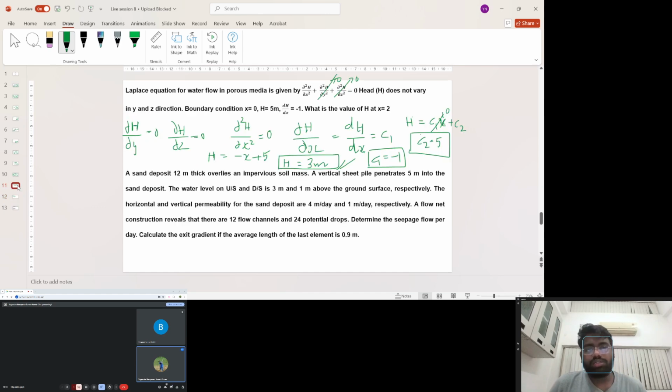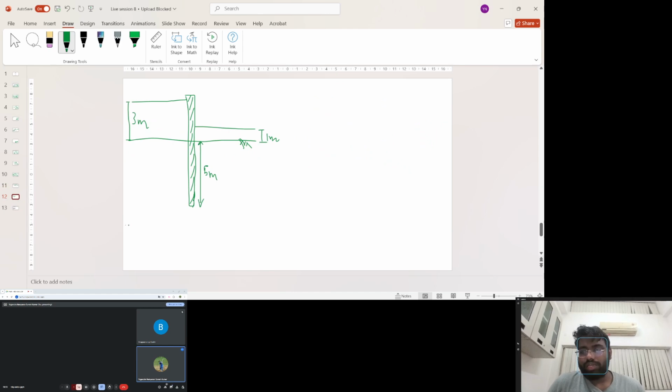Now what other things they have given is that this layer extends up to 12 meters. The major thing they have given is that there is an anisotropy associated with the permeability. The permeability coefficients along x and y directions are different, which is known as anisotropic behavior.